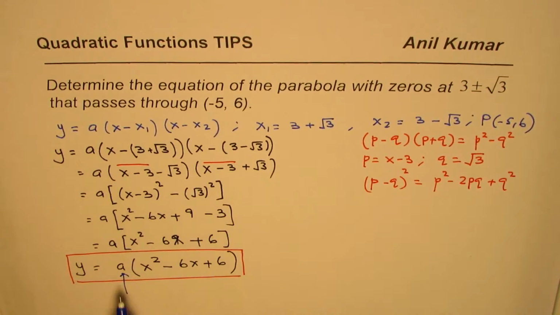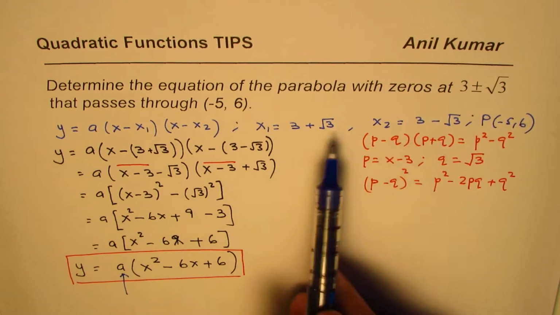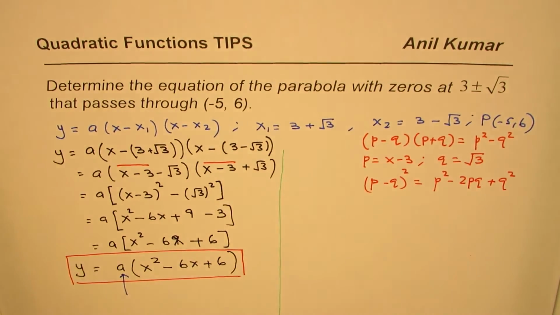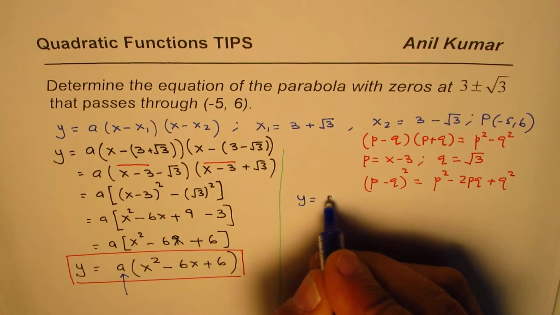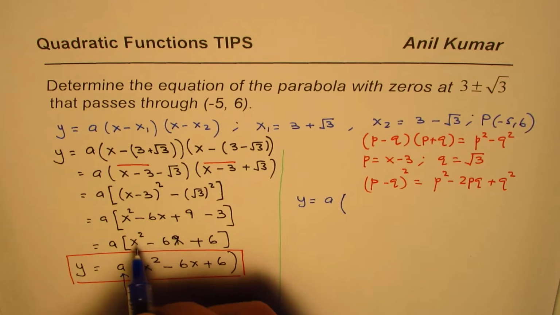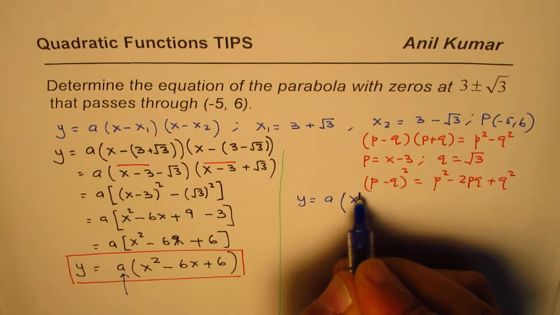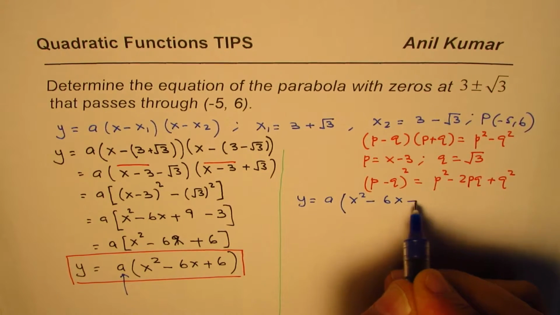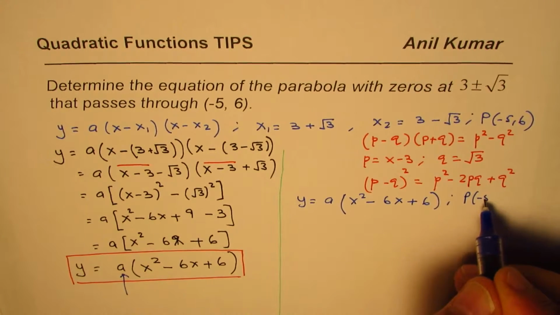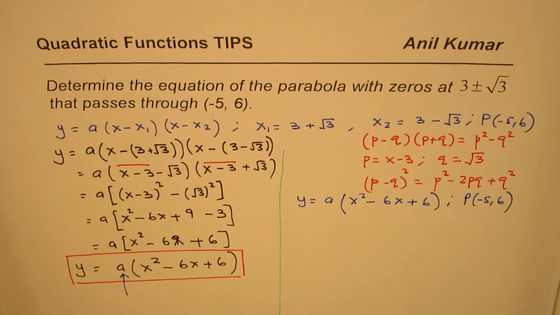Since we are given this point, we can find that specific parabola which goes through this point and these two zeros. So for that, we'll substitute the given point and calculate. We'll write down the equation itself, which is y equals a times (x squared minus 6x plus 6), and we'll substitute the point P, which is (-5, 6). Those are the coordinates.